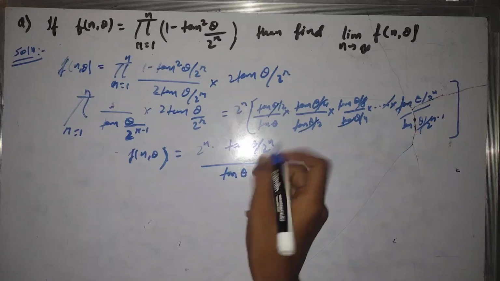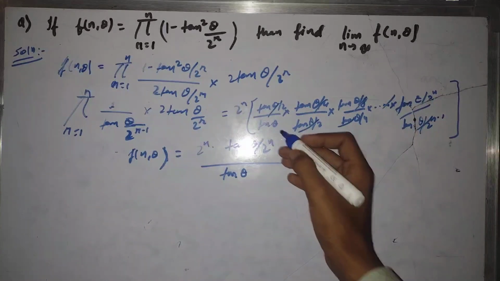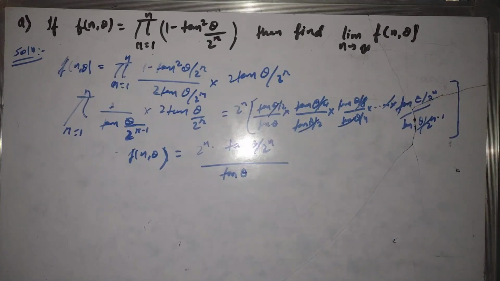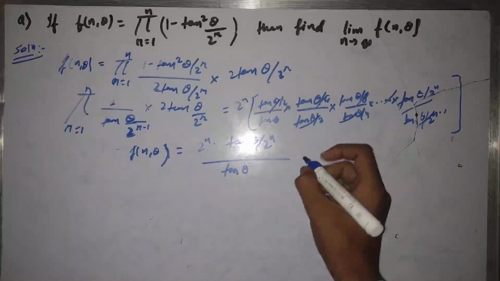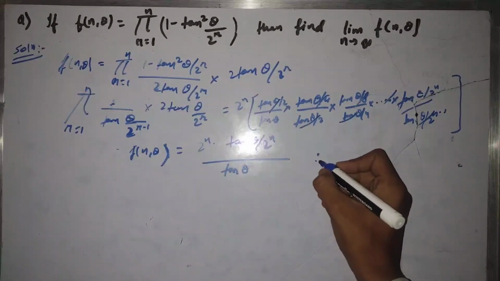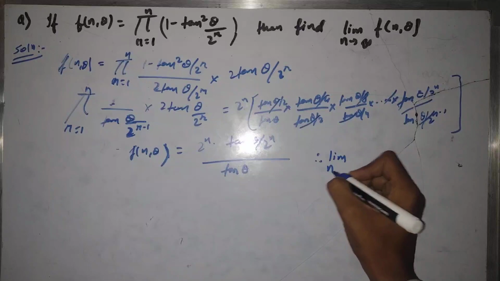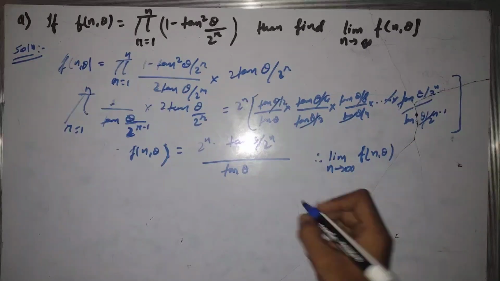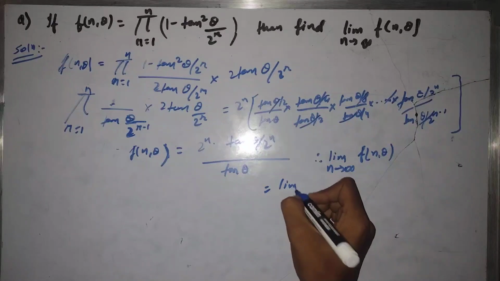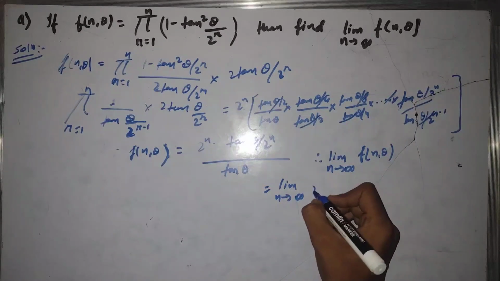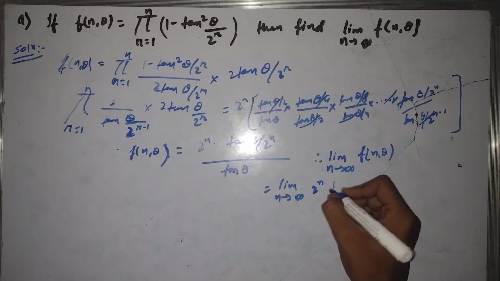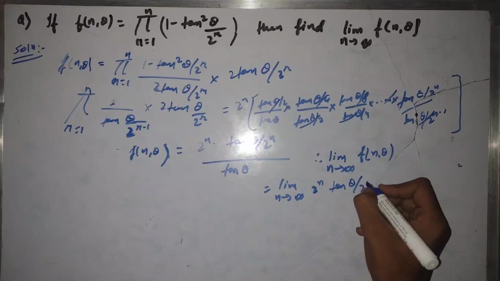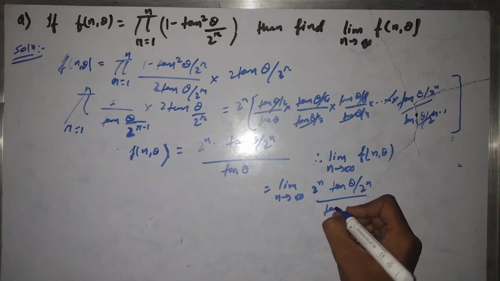Because this tan theta is the only thing left in the denominator, we have to find, and therefore, the limit as n tends to infinity of f of n theta equals the limit of 2 to the power n tan theta upon 2 to the power n upon tan theta.